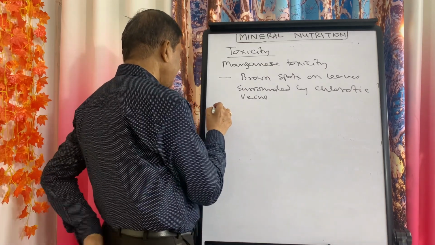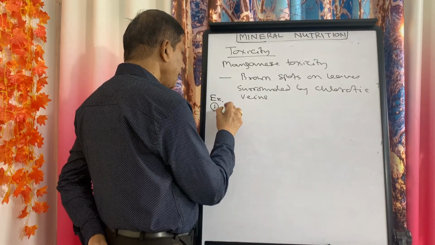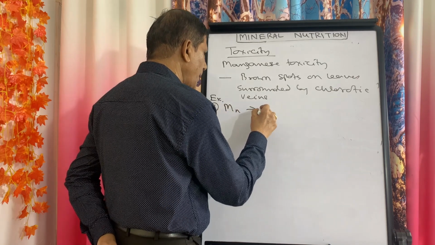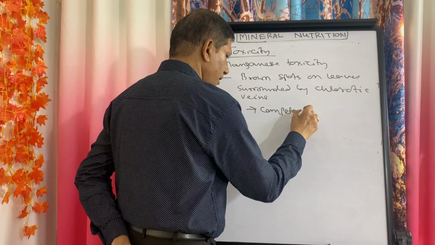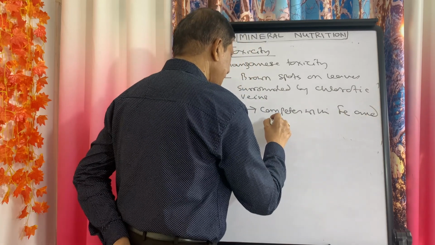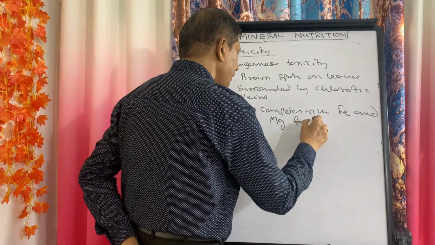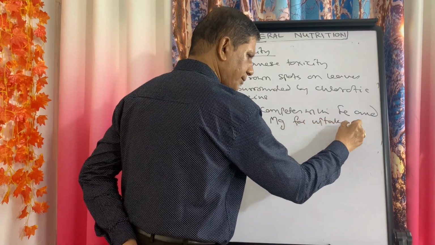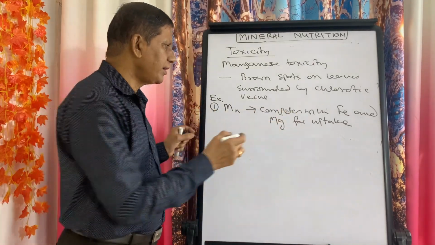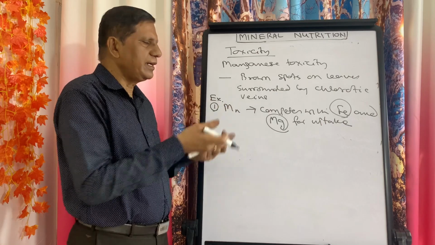Let us take example number 1. Manganese competes with iron and magnesium for uptake. That means there is competition for uptake of the element from the soil.